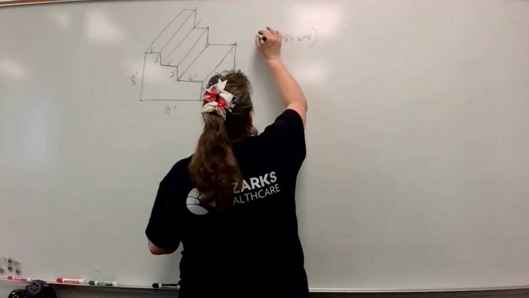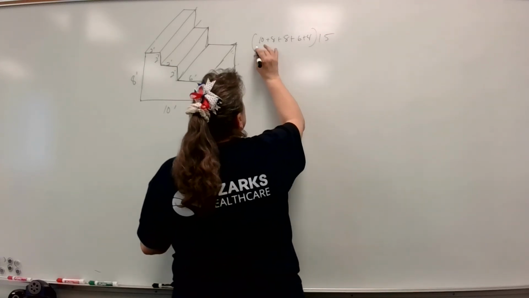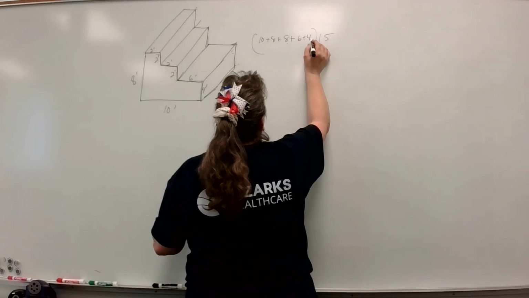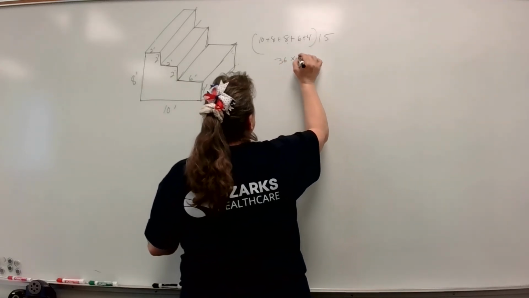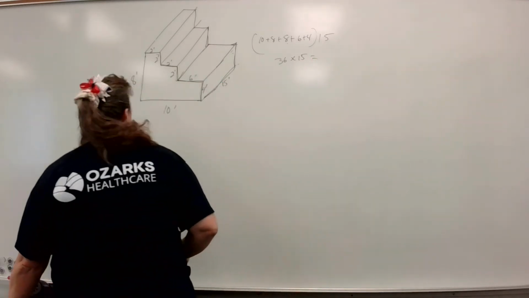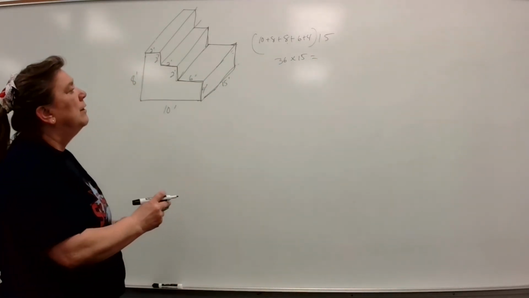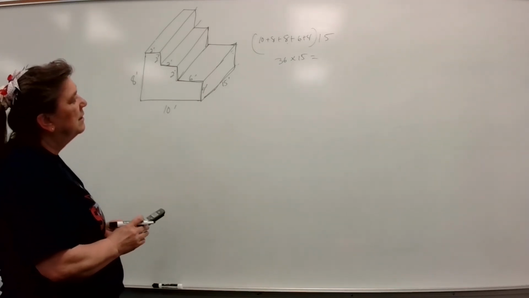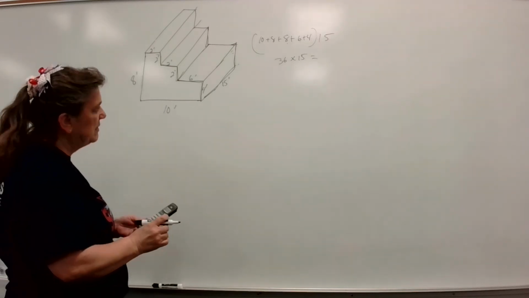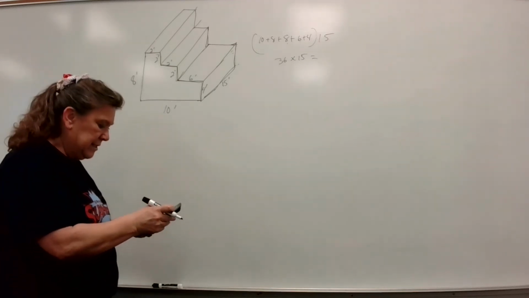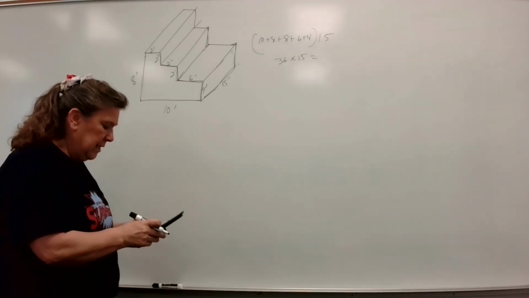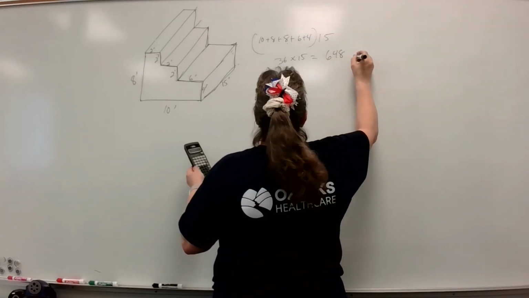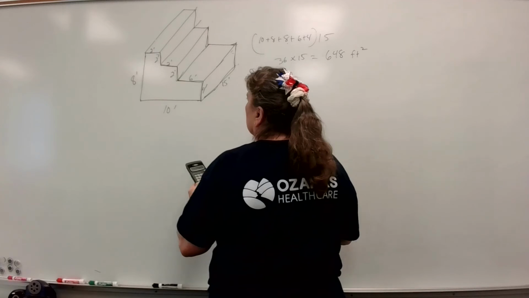Okay, and this thing is going to multiply times 15, so that's 26, and 30, 36. 36 times 15 gives me a lateral of 648 feet squared, okay?